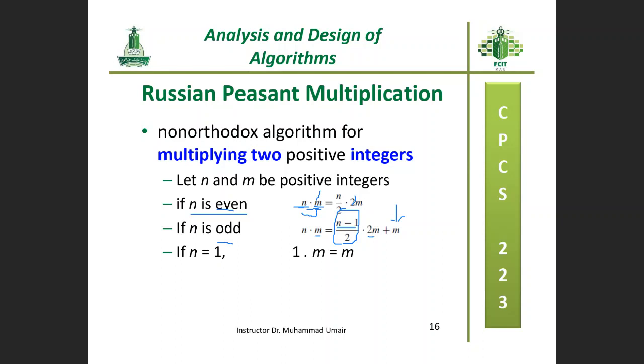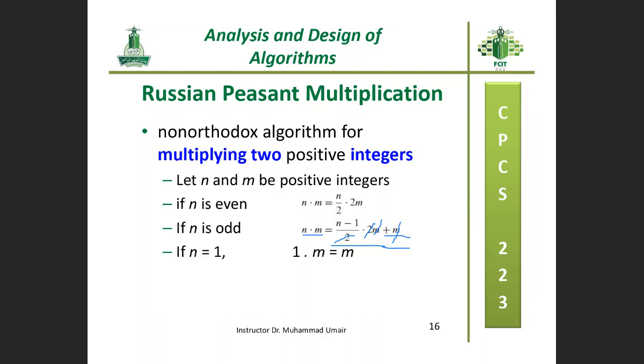In this formula, if you simplify the expression, 2 will be cancelled with 2. When you multiply m with n minus 1, it will be mn minus m plus m. Minus m and plus m will be cancelled and you will be left again with n into m.